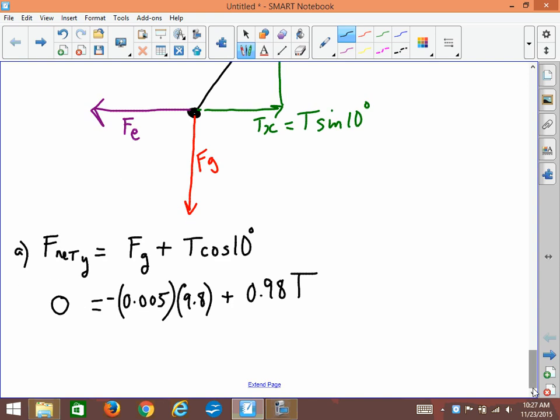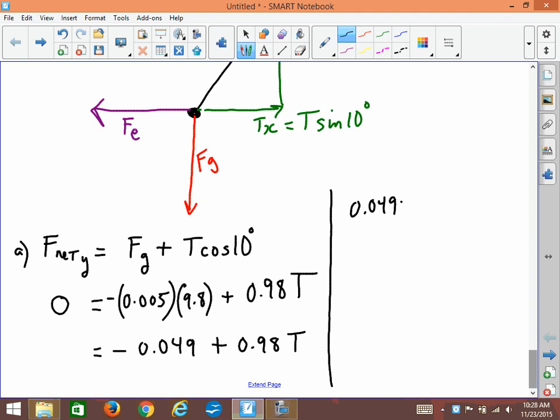If we multiply this number, we get a negative, and I think that's going to be 0.049, right? Am I correct on that? Yeah, we're good. And we'll move it to the other side, making it a positive number, adding it to both sides, 0.98 T. And of course we divide. What do you get when you divide that?